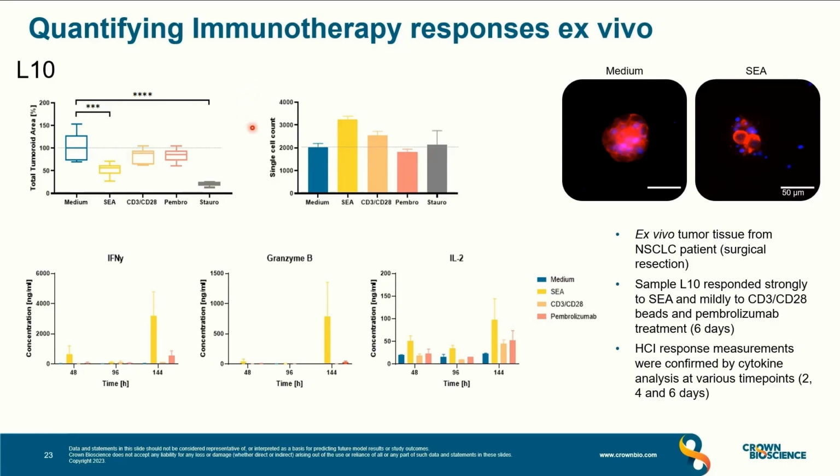Our measurements of functional readouts in the EVPT assays were confirmed by multiple cytokine measurements done on the same sample. Here again we see an increase in interferon gamma, granzyme B, and IL-2 upon treatment with SEA, beads, and pembrolizumab compared to the median control.